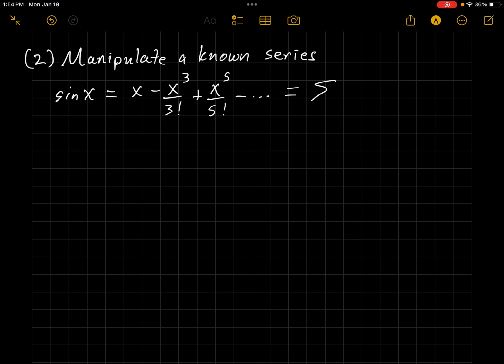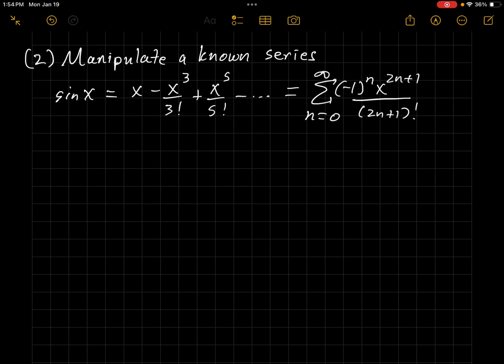I also know the sigma notation for it. N equals 0 to infinity of negative 1 to the n, x to the 2n plus 1 over 2n plus 1 factorial.